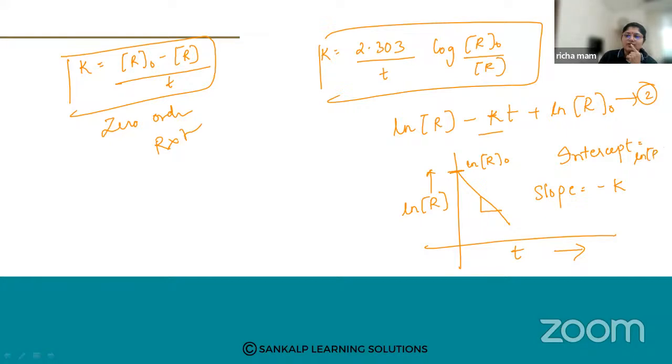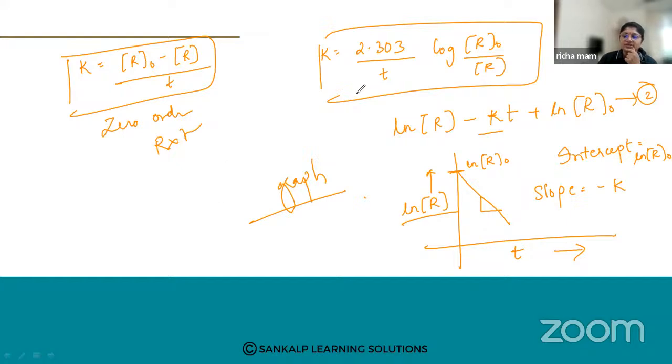The slope is minus k and the intercept is ln of R naught. So this is your graph. Here we are plotting the graph of equation 2. It is a straight line, where the slope is minus k and the intercept is ln of R naught.